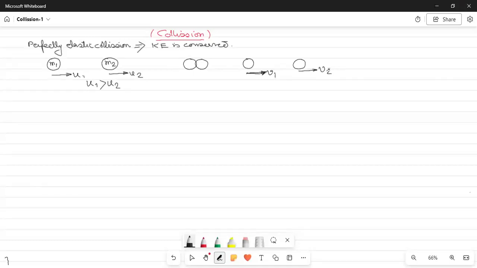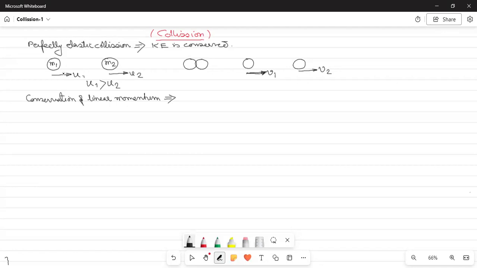Now, from the theory of conservation of linear momentum, you can write the momentum equation.